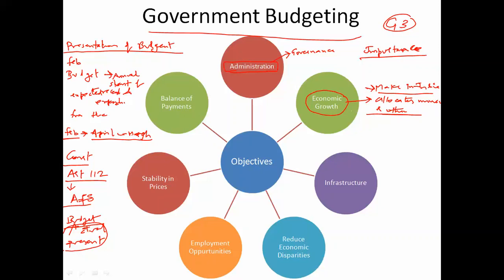So this promotes economic growth, and this allocation of money is done through budget only, because not even a single rupee can be spent without the approval of the parliament, and parliament approval is taken as part of budget. Also, government can create more infrastructure by allocating money, means assets can be generated.